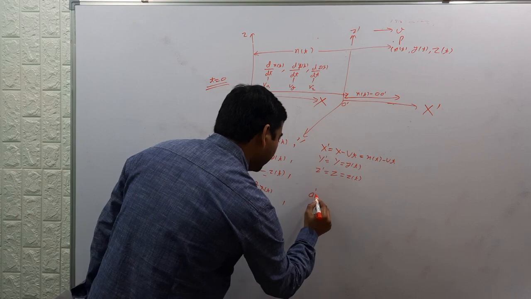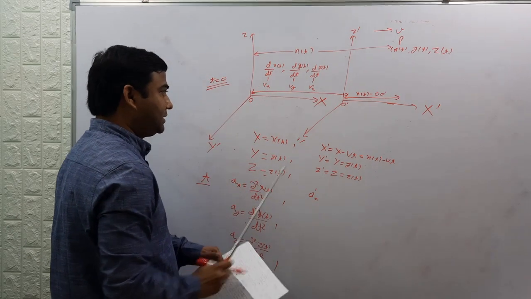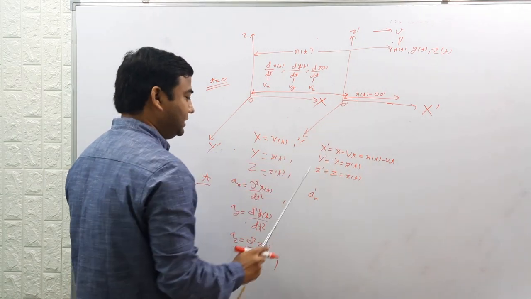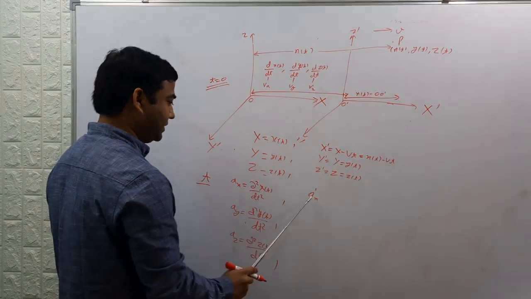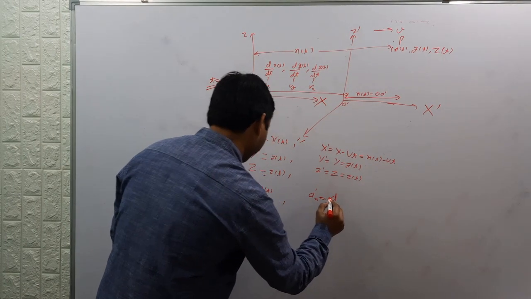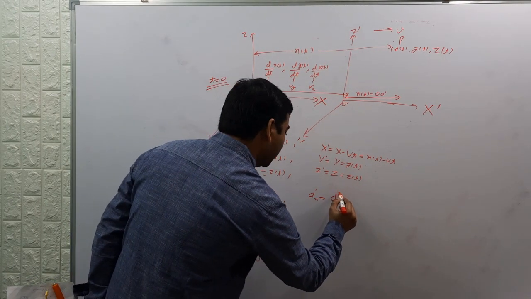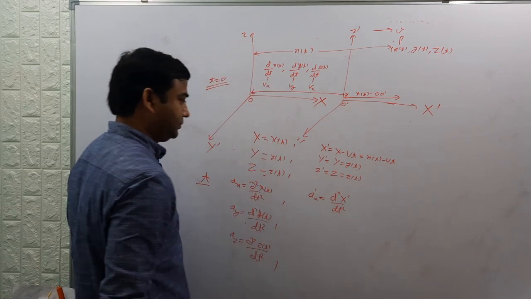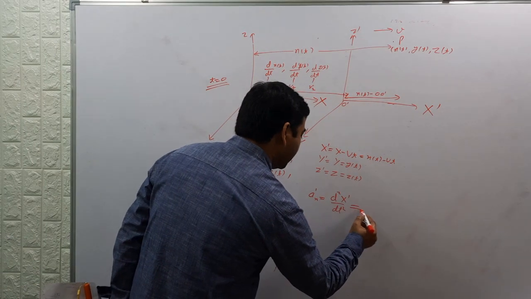Let the acceleration in x direction in this new frame for this point be a dash x. It was ax, here it is a dash x, and this will be d2x dash by dt square.